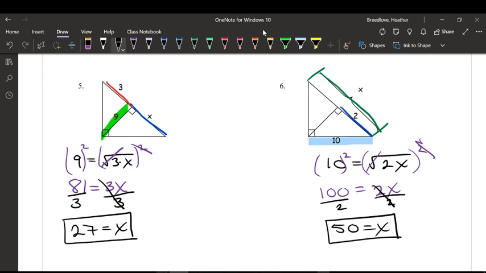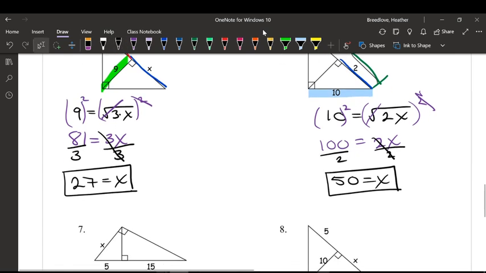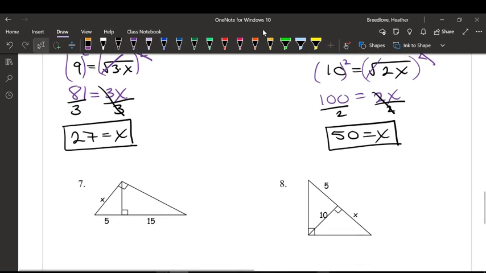All right, I'm going to go through two more examples. Number 7, it's on the side again. It's the yellow line, and then the red line goes with it, and the green line. I'm not given the green line, but I know if I add these together, then it's 20.